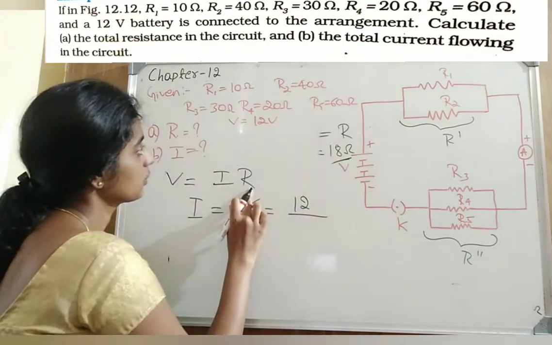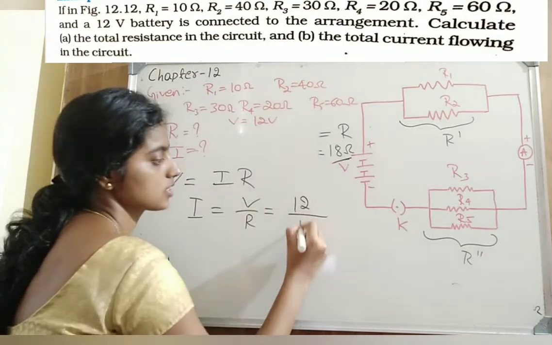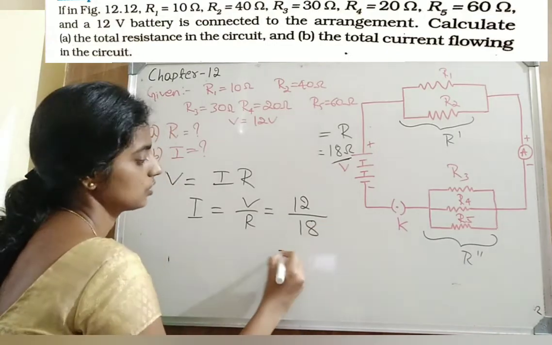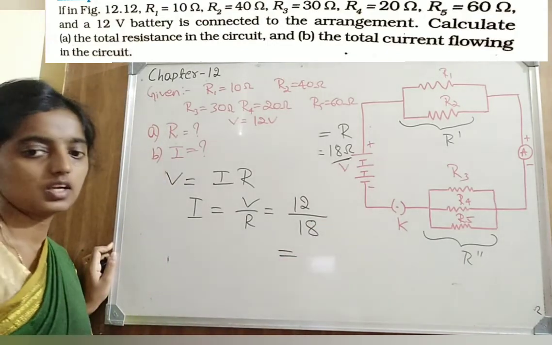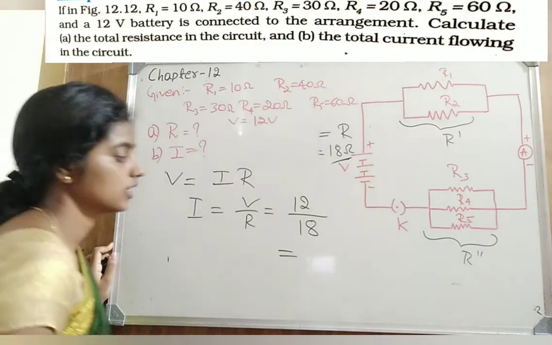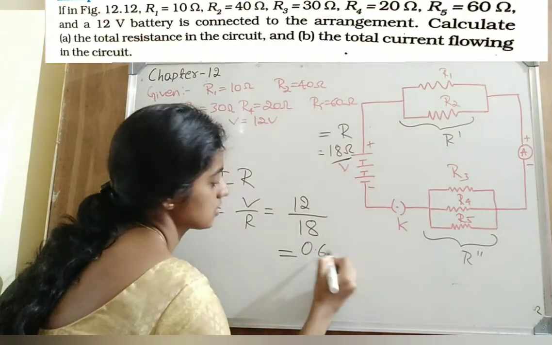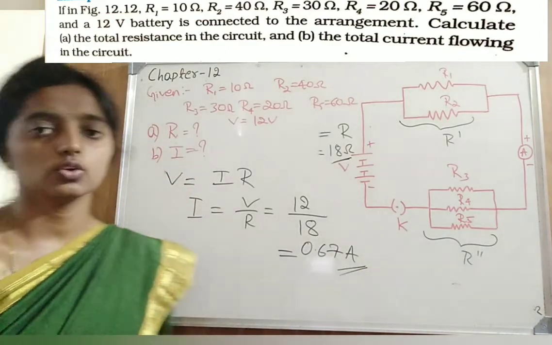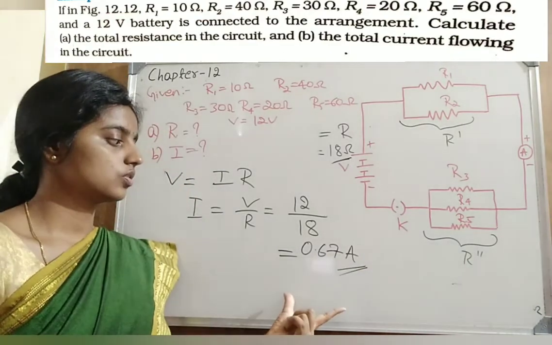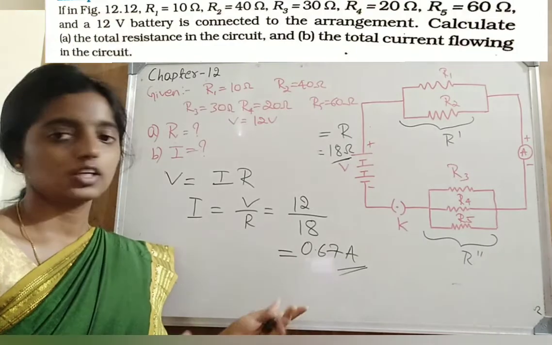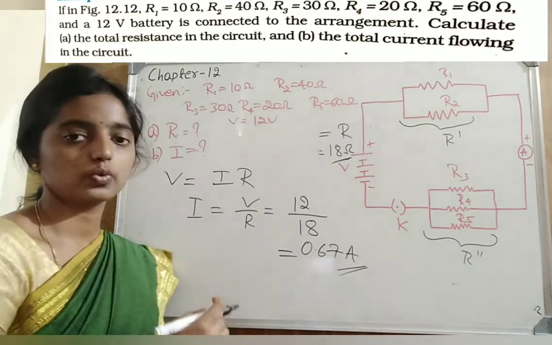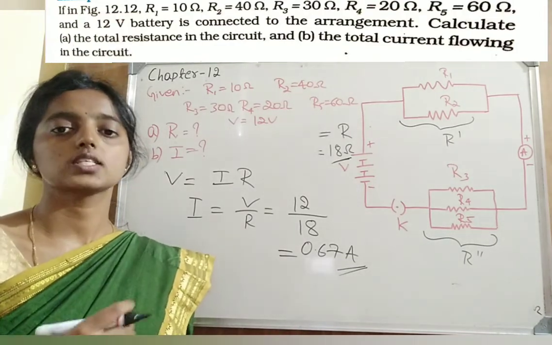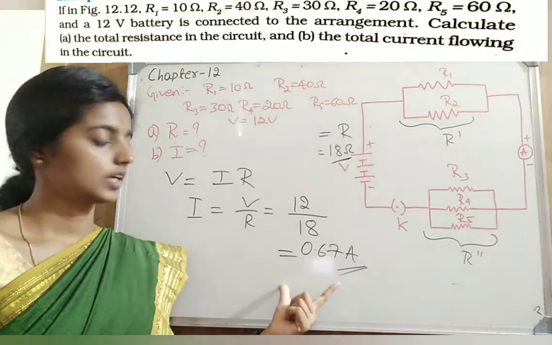And R is nothing but the total resistance, 18. So now calculate and see how much we will get: 0.67 ampere. See, even though the starting question looks a little bit difficult, it's easy to solve. We just need to analyze the question and work step by step, and we'll get the correct answers.